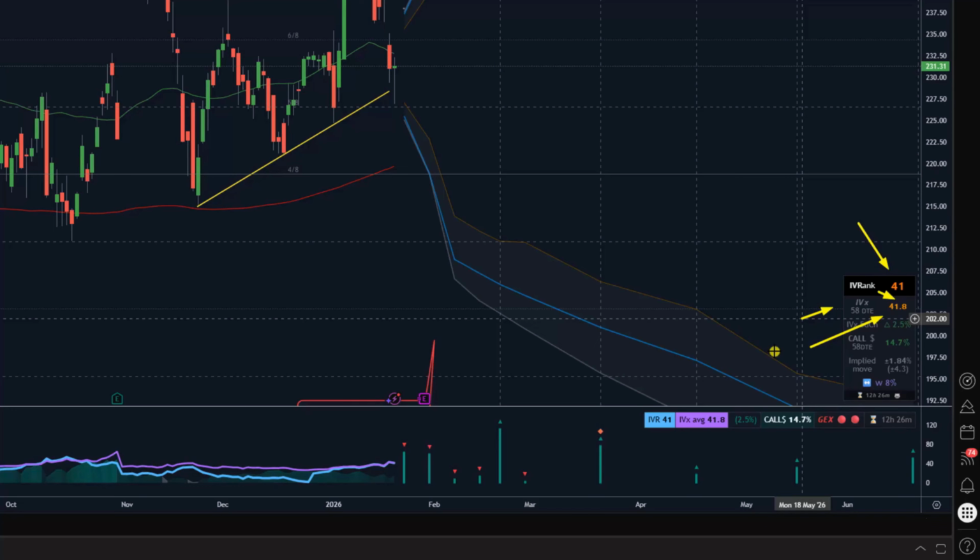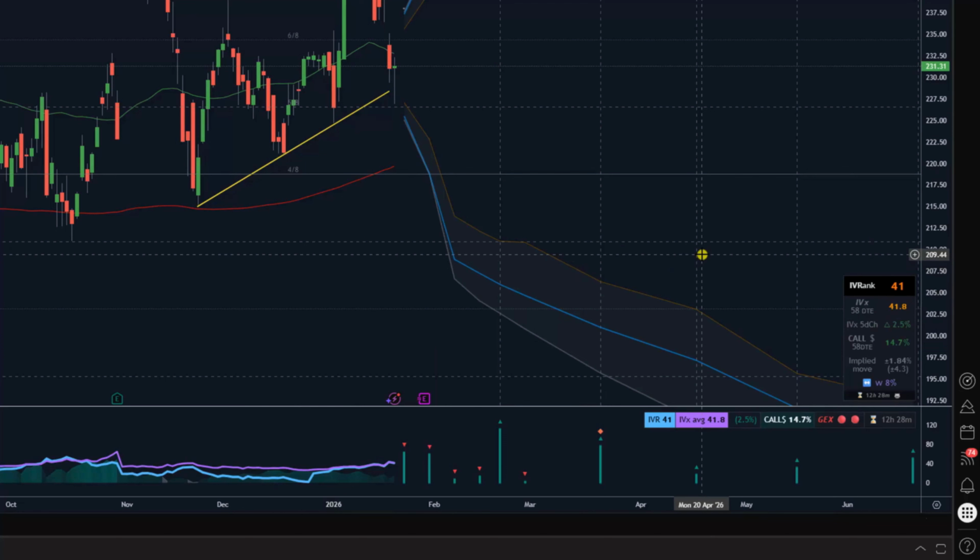Now let's look at the IVX 5-day change, which is showing you how the implied volatility moved in the last 5 trading days. Obviously, if it's green, then implied volatility is rising. If it's red, implied volatility has been decreasing. And right now we are looking at the Amazon chart, and you can see that there is an expiration coming up. So it's obvious that implied volatility has been rising. Right now we are looking at the implied volatility on the oscillator, but we will cover that later on.